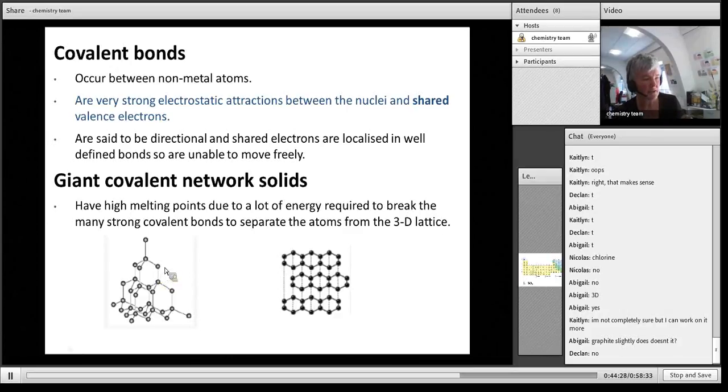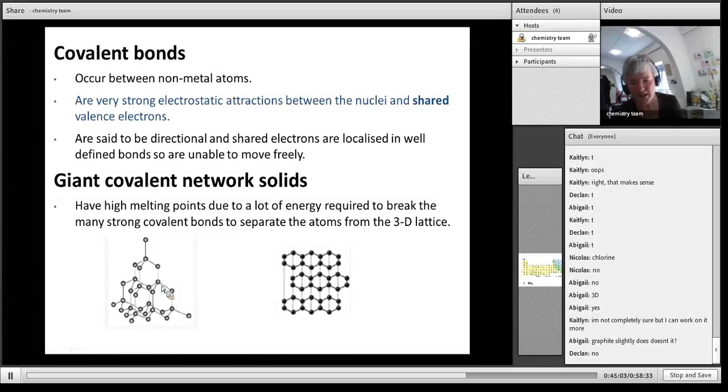If it's flat like this, where each carbon atom is only held in 3, you lose that 3-dimensional rigidity. Okay, so that's first of all why diamond is so hard. You have to explain that each carbon atom is tetrahedrally bonded to 4 others, and the covalent bonds hold it very rigidly in that position, giving it its hardness. Then the high melting point is something like that. We've got to break all these covalent bonds.